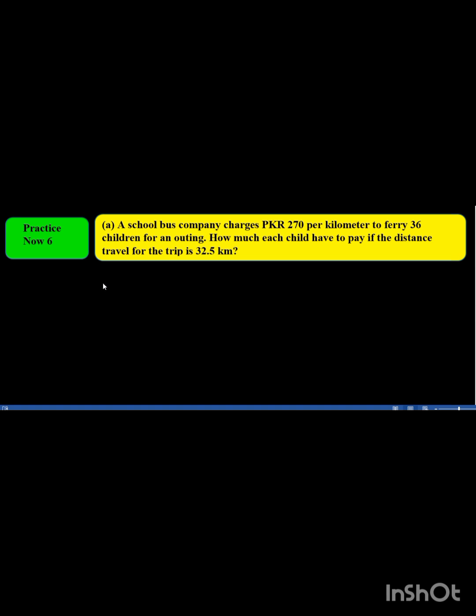The first question is that a school bus company has charged 270 PKR per kilometer to ferry 36 children. There are two values I circled, that is the important values. How much does each child have to pay if the distance is given?